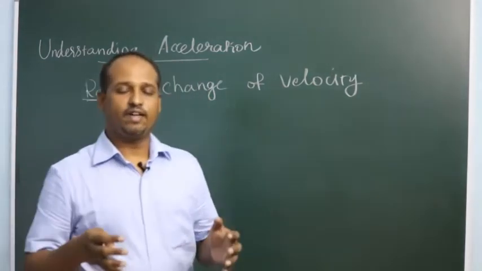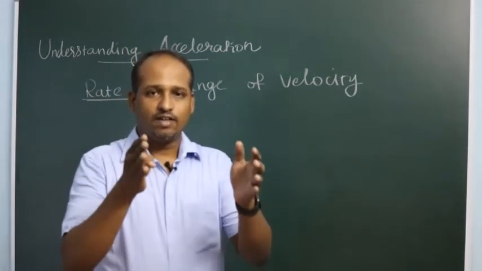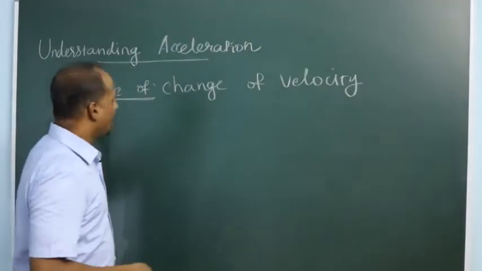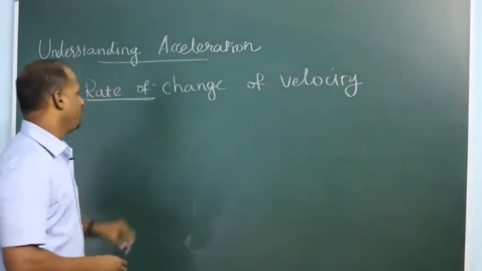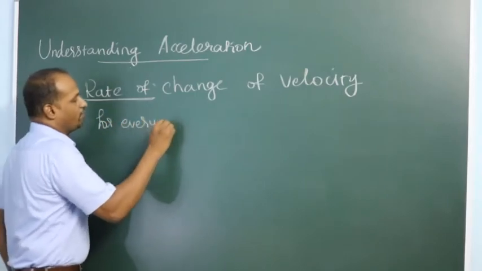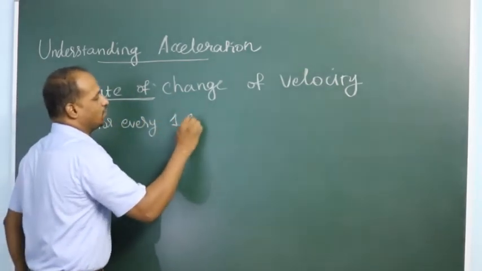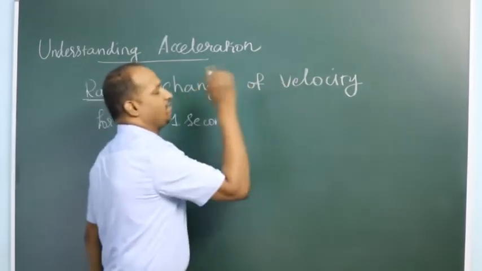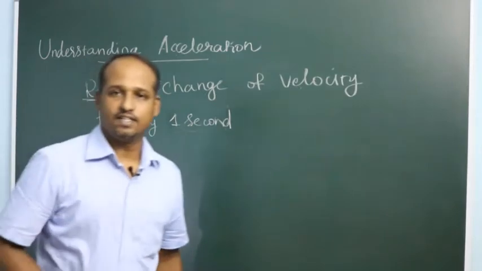When we write a number like 10, not 10 by 1, the 1 is understood. Similarly, rate of here means time rate of. Time rate of means for every 1 second. For every 1 second, change of velocity is called acceleration.